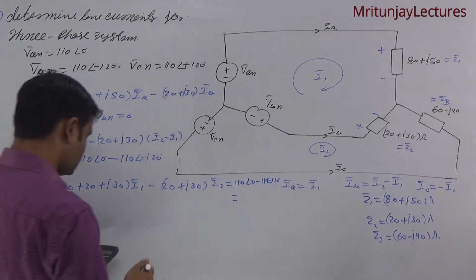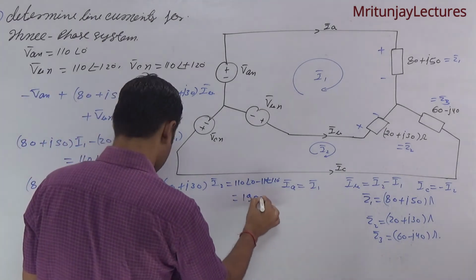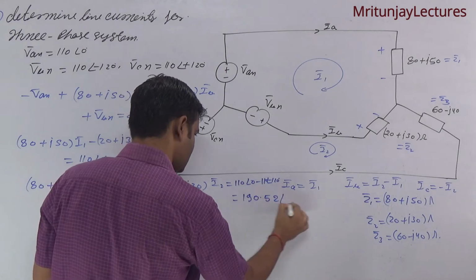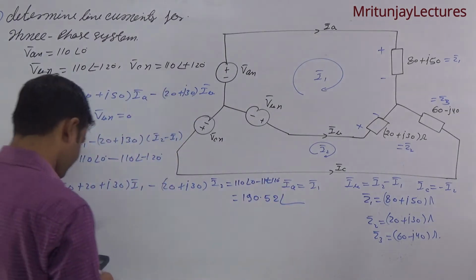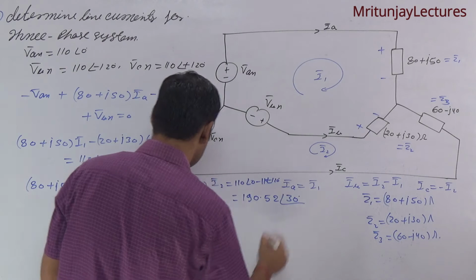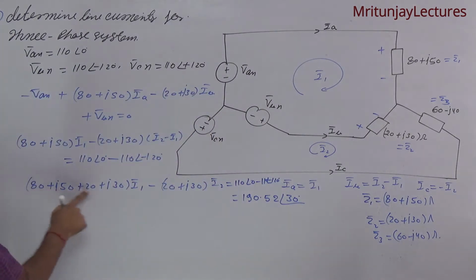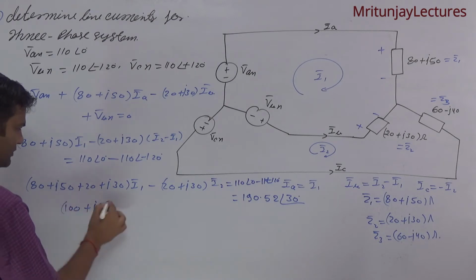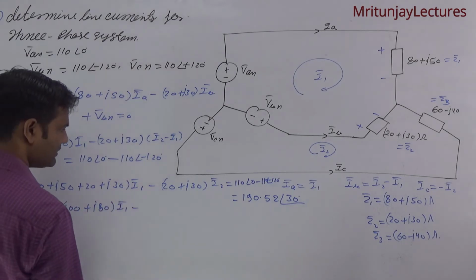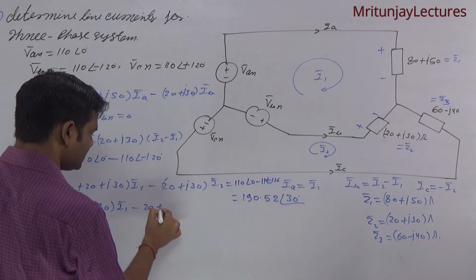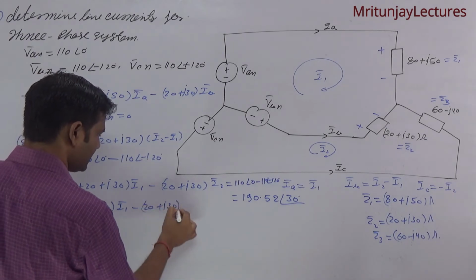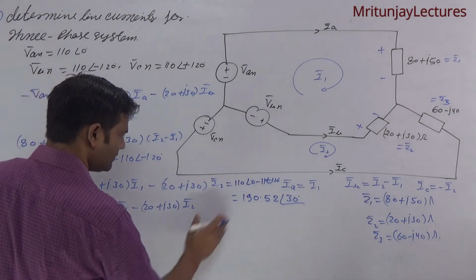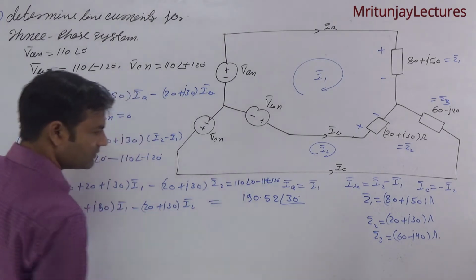Finally we got 19.52 at the angle plus 30. Okay, 80 plus 20, that is 100 plus j80 into I1 minus 20 plus j30 into I2. This will be equal to like this one. Clear?